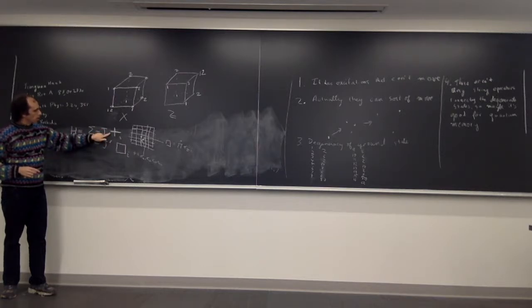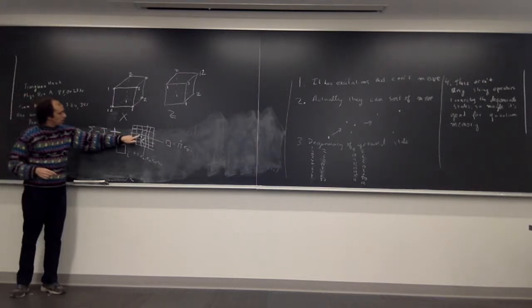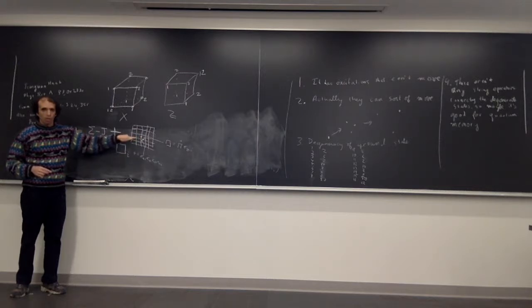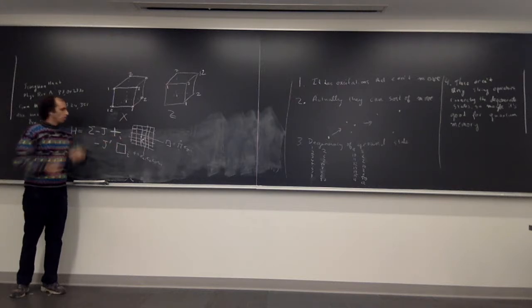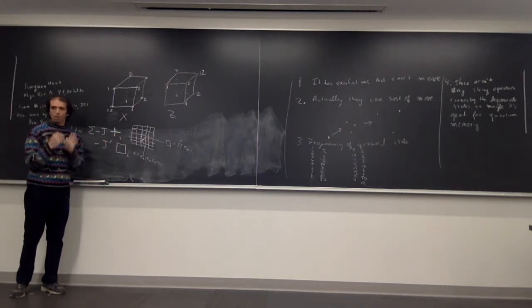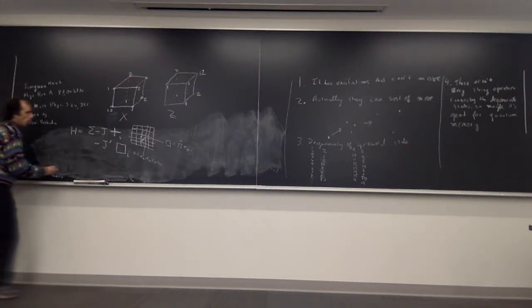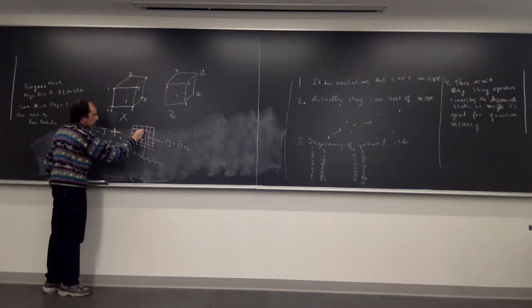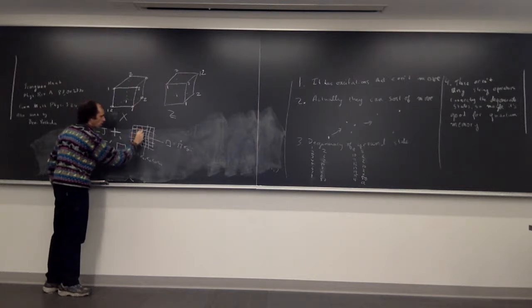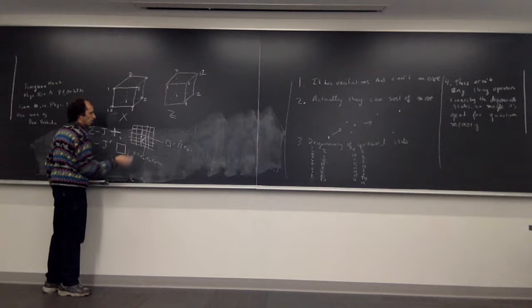So this term tells me that to minimize it, the product of sigma x on the 4 bonds coming out from the site has to be 1, which means you have to have an even number of bonds that are minus one. So I can represent that graphically by, on each bond, I'll color it purple if the bond is minus one, and I'll leave it white if it's plus one.